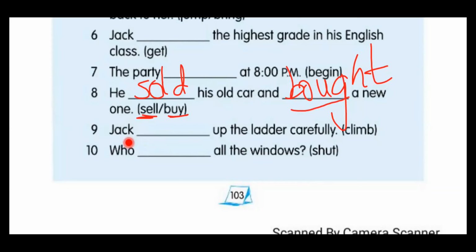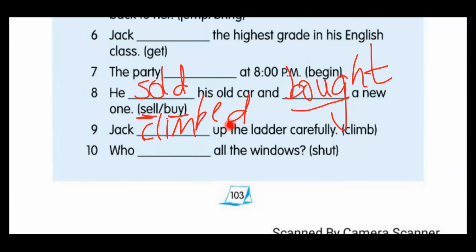Very good. Jack dash up the ladder carefully. Climb will become climbed. Okay, we will add ed. Jack climbed up the ladder carefully.